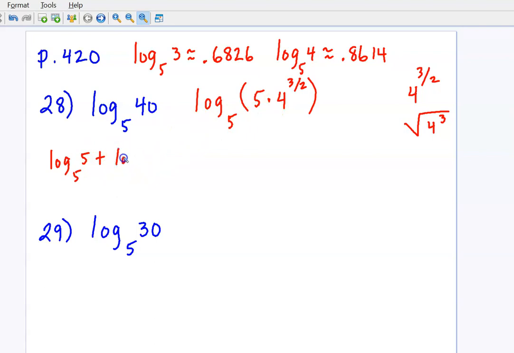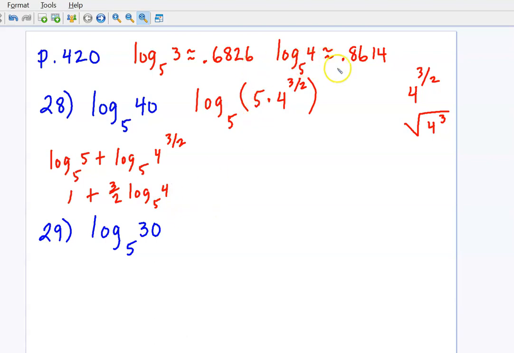So we're going to have log base 5 of 4 to the 3/2 power. Log base 5 of 5, we've already said, is 1 plus, and let's use the power property to treat this exponent 3/2 as a factor. So just bring it down and write this as 3/2 log base 5 of 4.